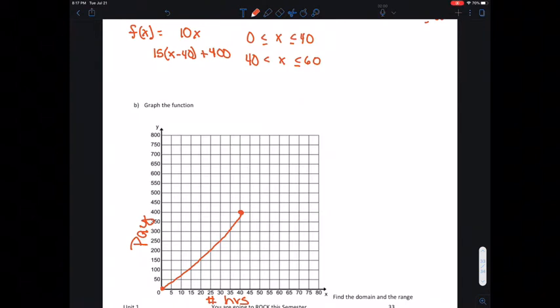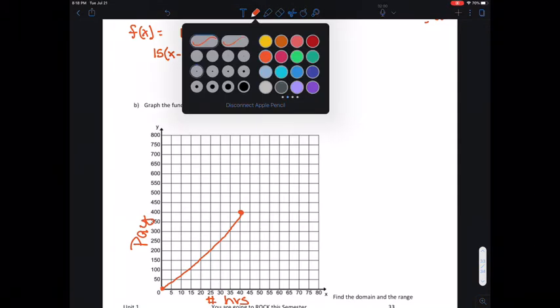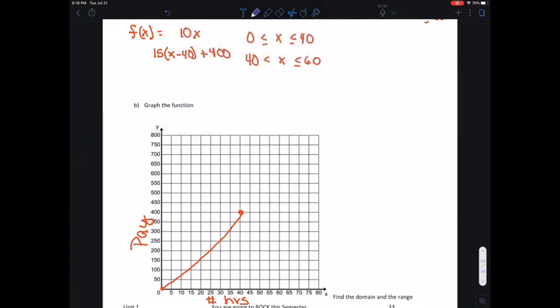Then, if we work the next 20 hours, we're going to make $15 an hour. So let me draw that with a different color. We can do this by drawing 2 points. For the next part of this, the most that you can make, if you work 60 hours, would be 15 times 60 minus 40, plus 400.